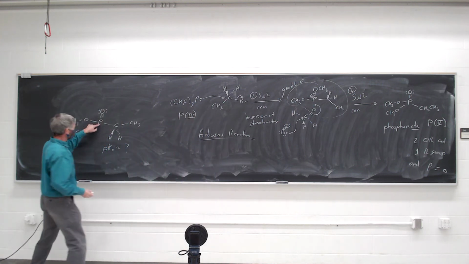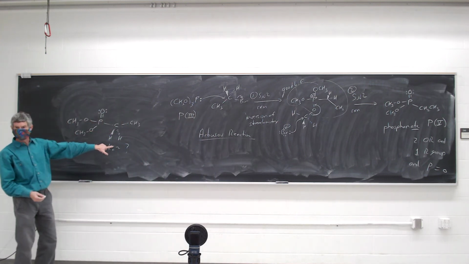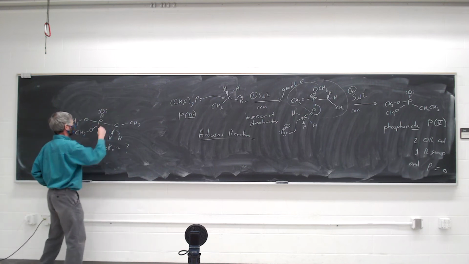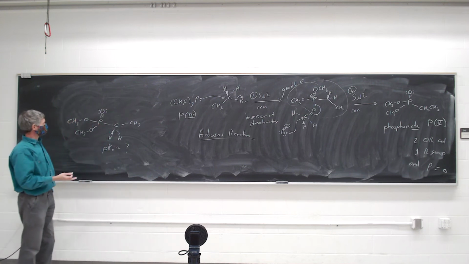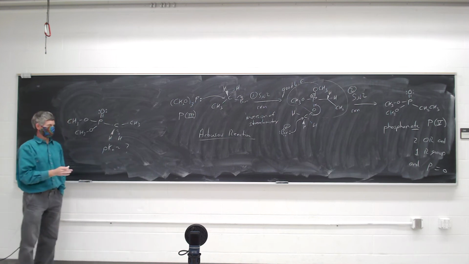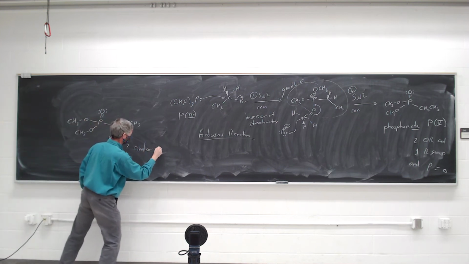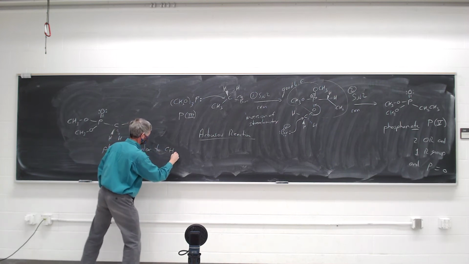So if this were carbon, right, it would be around 20 to 22. It's not carbon, it's phosphorus, but the phosphorus-oxygen double bond is also able to stabilize a negative charge by resonance. So you might guess similar to CH2 adjacent to a carbonyl.